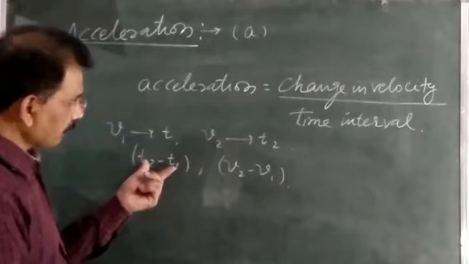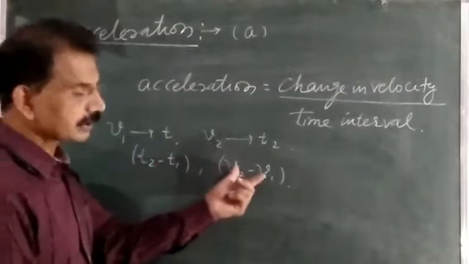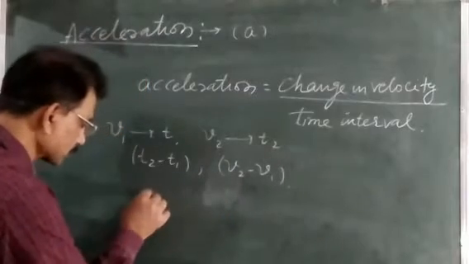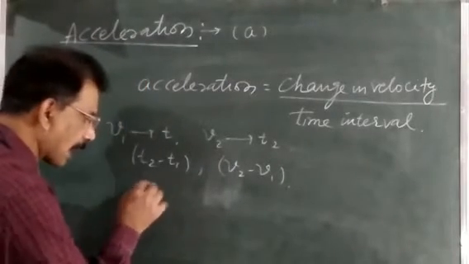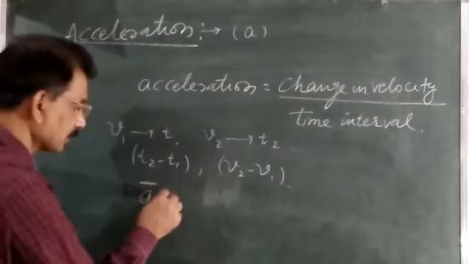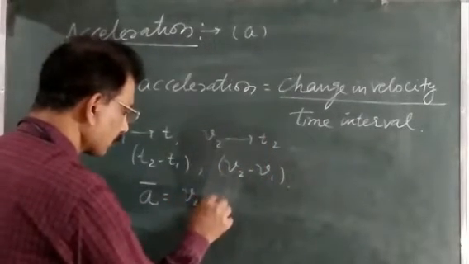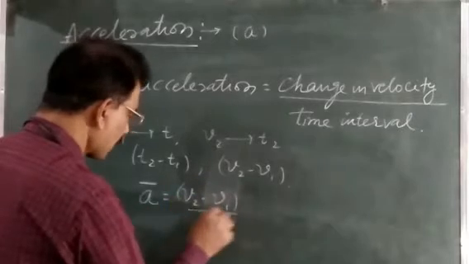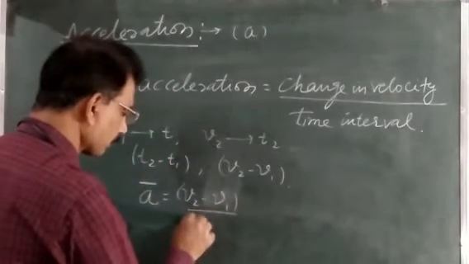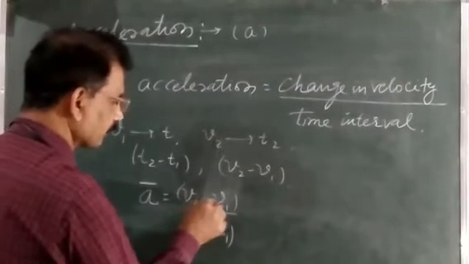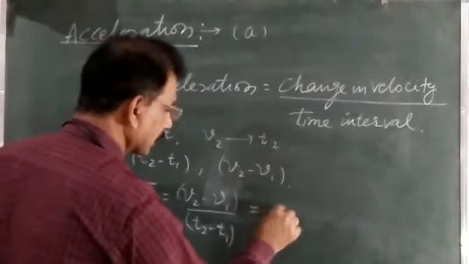The average acceleration, given by a bar, is equal to the change in velocity, v2 minus v1, upon the time interval t2 minus t1. This change in velocity v2 minus v1 is also written as delta v.